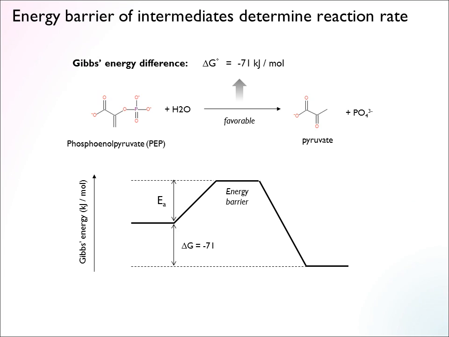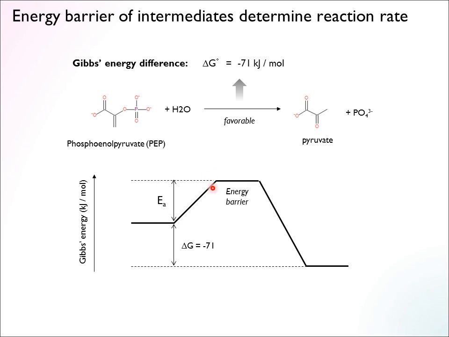So we saw the Gibbs energy difference determines whether a reaction will happen or not. If the delta G is negative, then the reaction is favorable, and it's going to occur sooner or later. But we don't know how fast the reaction is going to go from this. The delta G doesn't tell us anything about that. That instead depends on another quantity, the activation energy of the reaction.